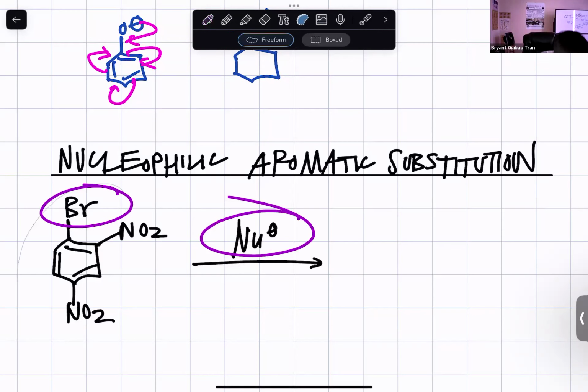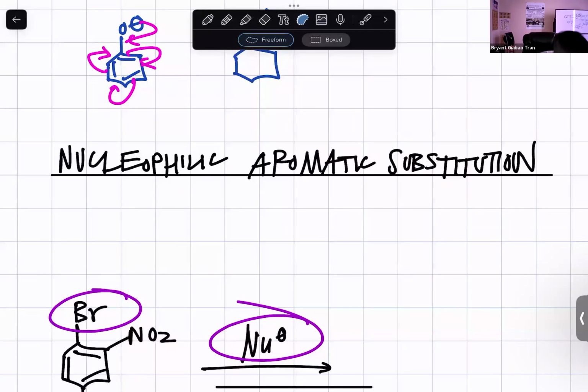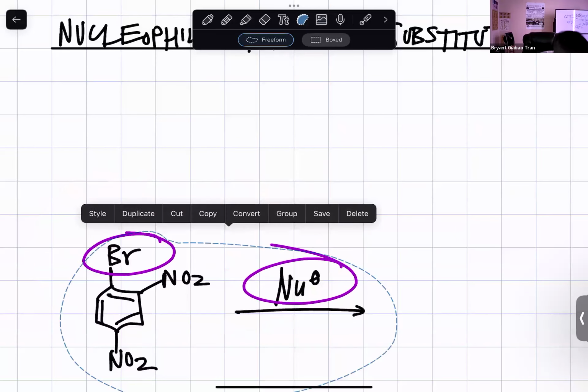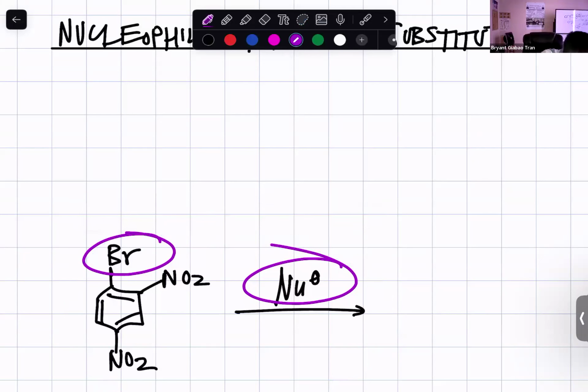The requirement for the reaction here is that there's, let's see, two requirements actually. You need a good leaving group present.